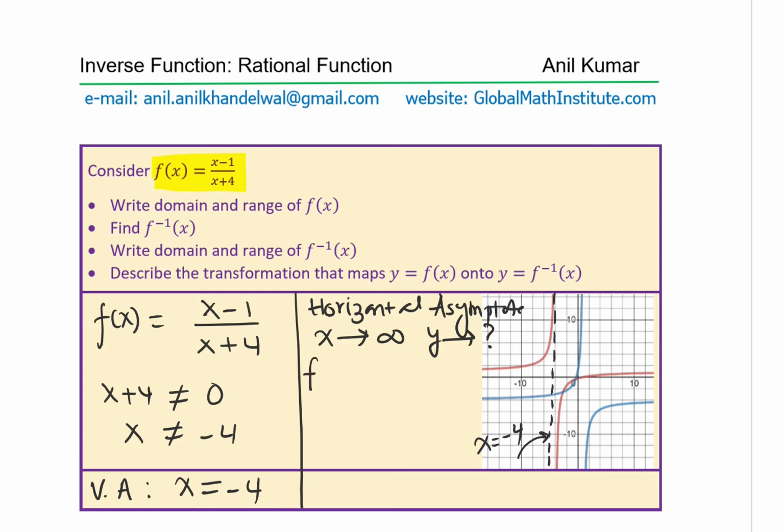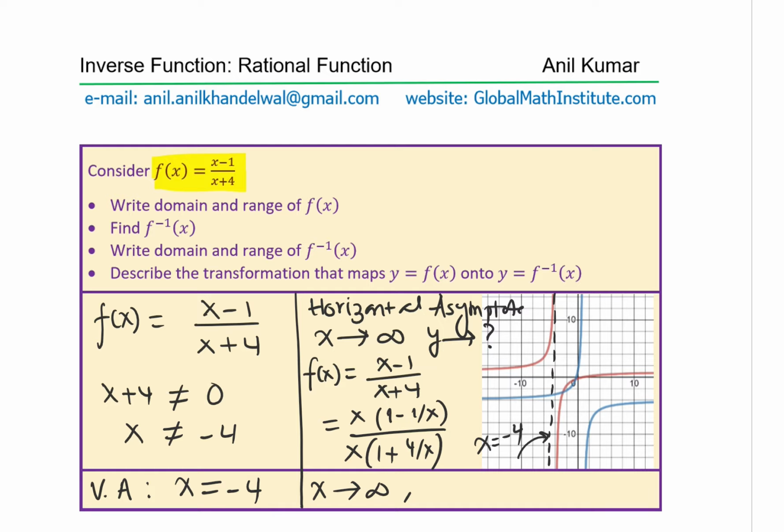Well, we know that f of x is equal to x minus 1 over x plus 4. Now, we could take x common, right? So we get 1 minus 1 over x in the numerator, and if I take x common, I get 1 plus 4 over x in the denominator. Now, clearly, if x is a very large value, in that case, 1 over x or 4 over x is approaching 0. And therefore, what can we get?